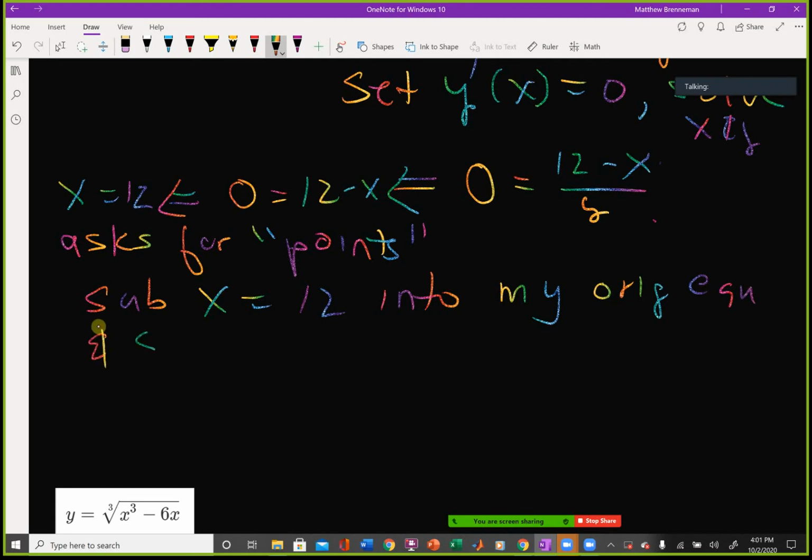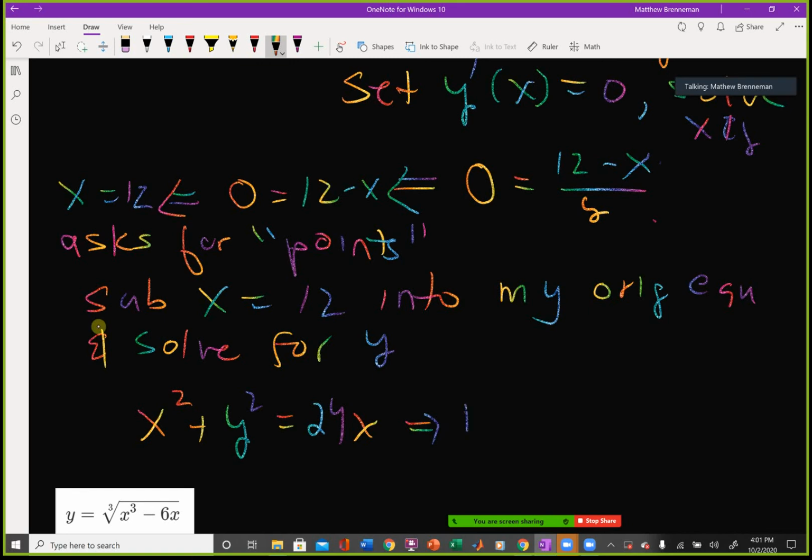And that's easy to do because they give you nice numbers. So my original equation was x squared plus y squared is equal to 24x. So when I plug in 12, I'm going to get 12 squared plus y squared is equal to 24 times 12.